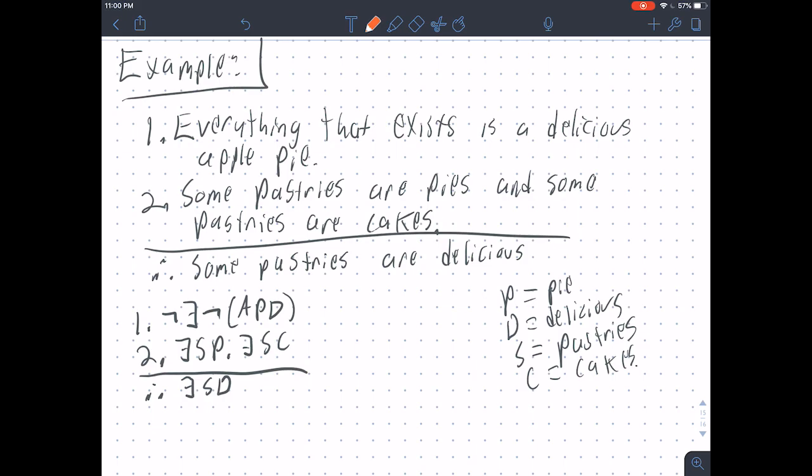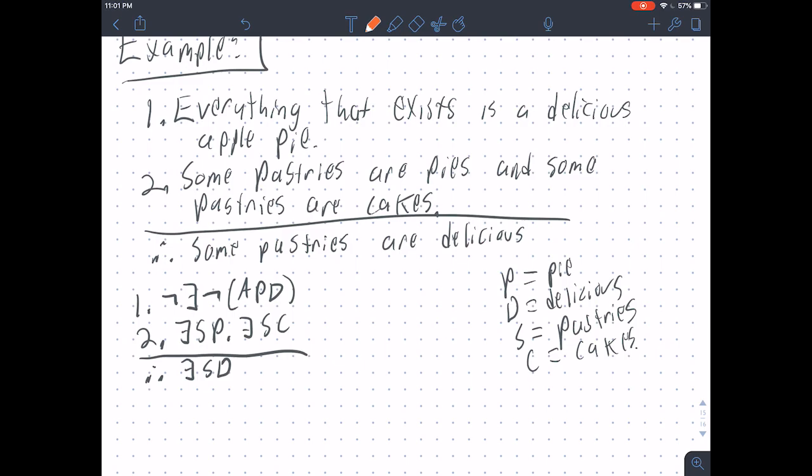Second premise, some pastries are pies and some pastries are cakes. And the conclusion is that some pastries are delicious. If we were to translate this, putting in P for pie, D for delicious, S for pastries, C for cakes, and A for apple. Forgot that one.